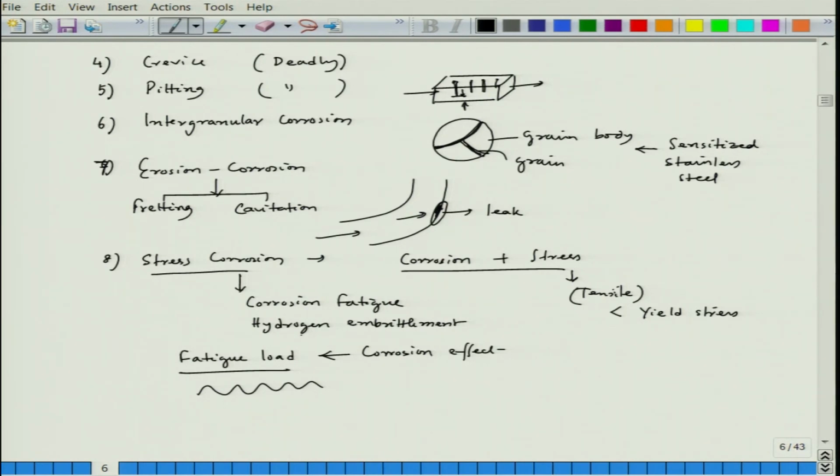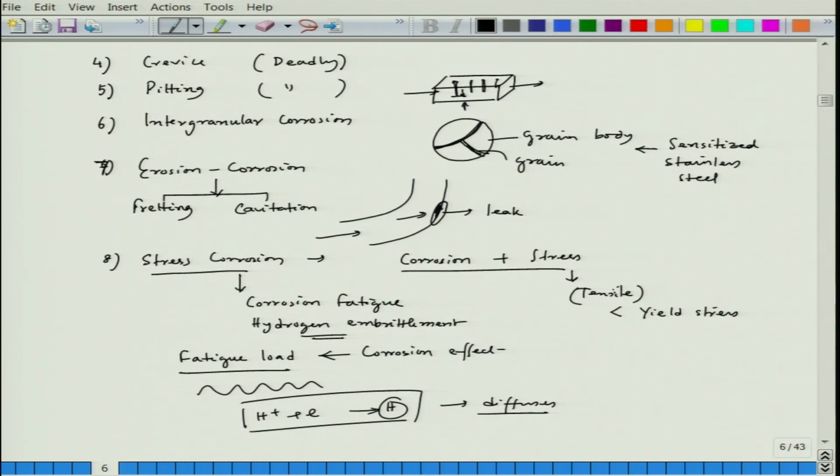And hydrogen embrittlement, if you consider, this is also very important in the sense that wherever there is a chance of atomic hydrogen, H, that can form from this reaction. This hydrogen gets into the material and diffuses, and when it diffuses, it reduces the cohesive force between the atoms.